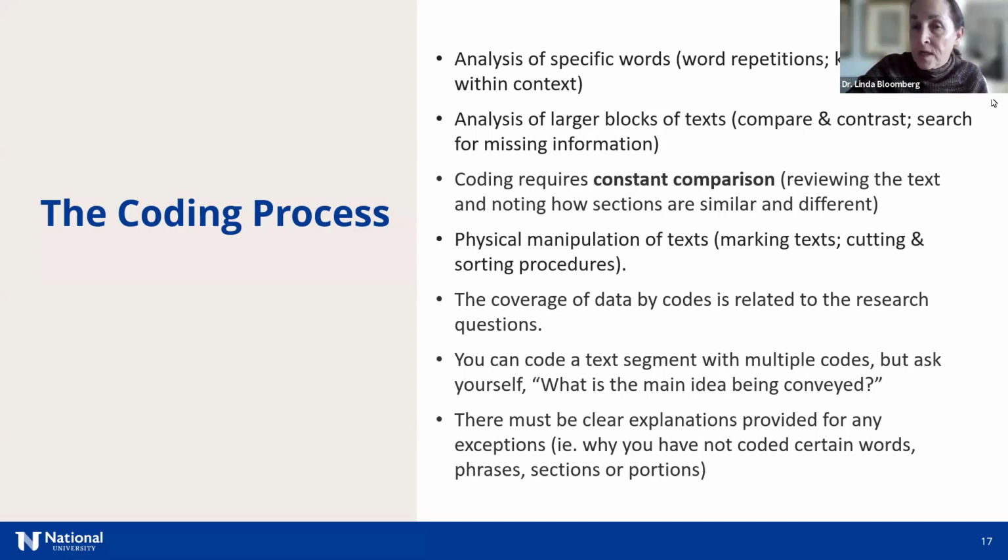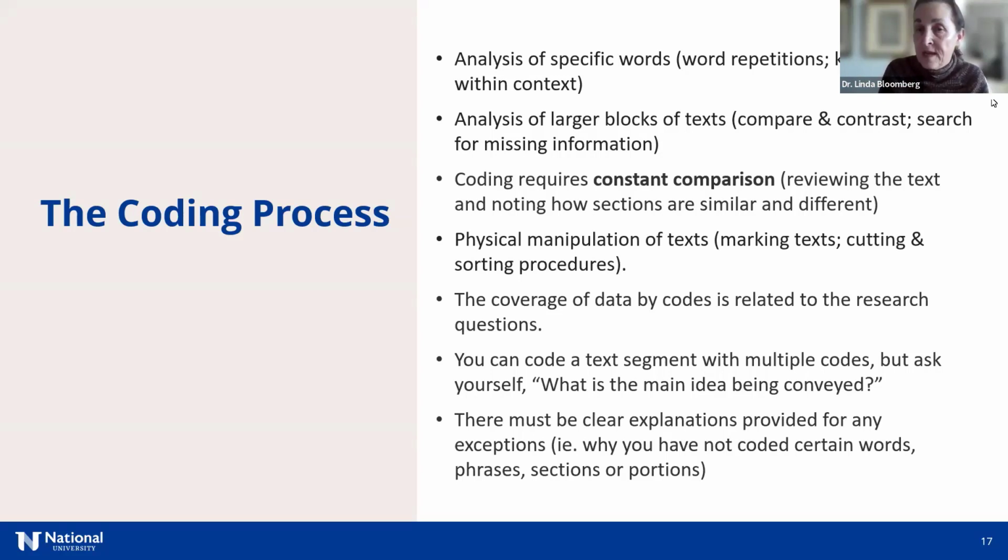Coding requires a constant comparison. So we're reviewing and noting how sections or words or sentences are similar and different from each other. And we're physically manipulating the text by marking them, using highlighters, cutting and pasting, sorting. So it really is a very hands-on experience. And you're going to see when I go through an actual example with you in a few minutes.